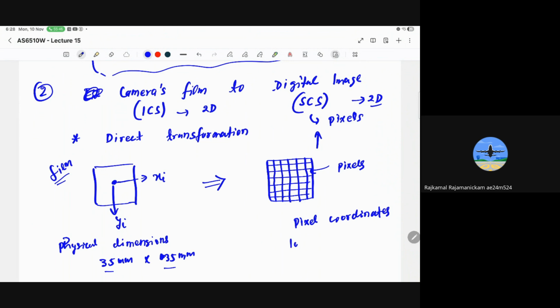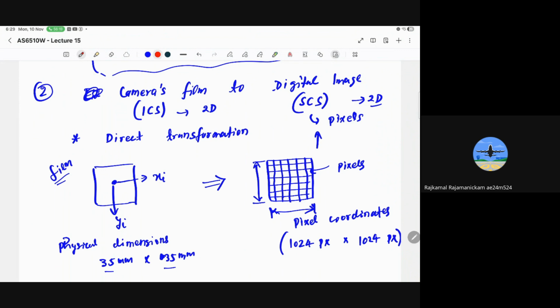Let us say 1024 pixels, for the example. So we have this digital image, which is a 1024 by 1024 pixel square, with 1024 pixels this way and 1024 pixels this way.